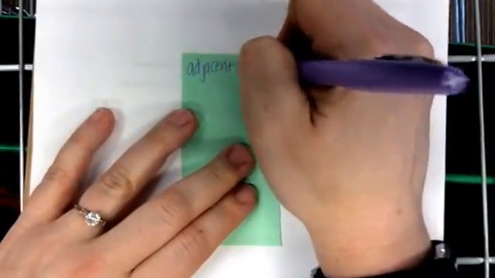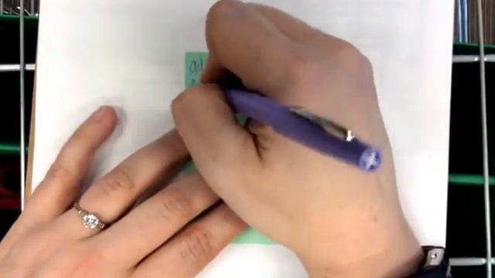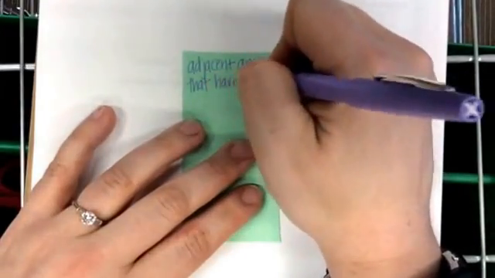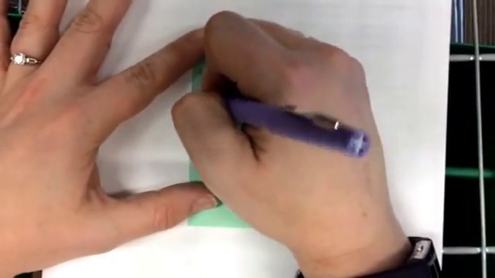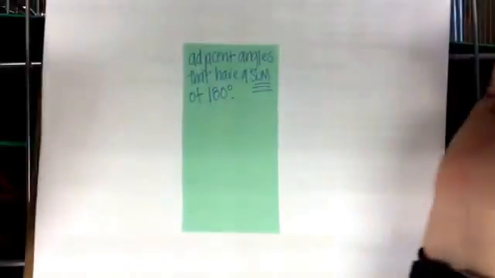They're adjacent angles that have a sum. Again, what does it mean by sum? Add them together, of 180 degrees. Adjacent angles that have a sum of 180 degrees.